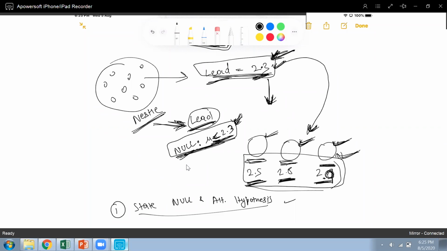Now we are frequently finding that the lead content is more than 2.3. So what will be my alternate hypothesis? Lead content is greater than 2.3, mu is greater than 2.3. So this will be my alternate hypothesis.